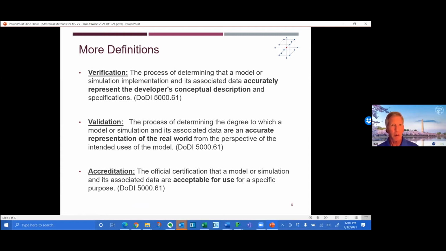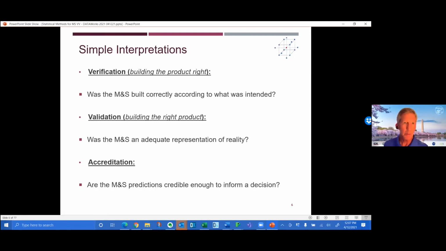What we're intending to do is the verification. Are we doing what we intended to do? Validation, of course, the accurate representation of the real world. Is it really the true underlying system that we're going after? And then accreditation is sort of the approval stamp that it's acceptable for use.